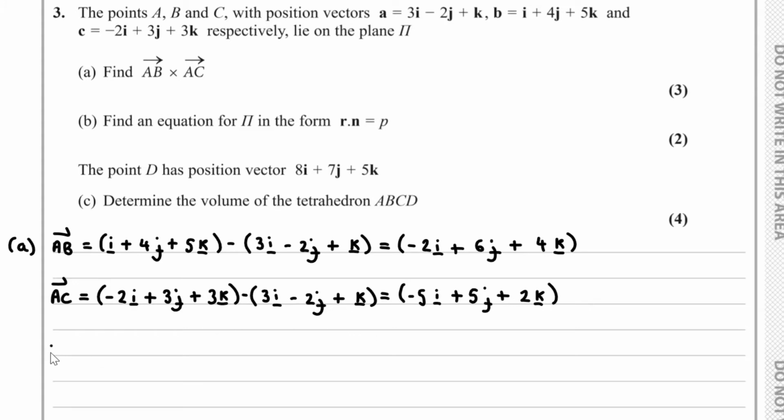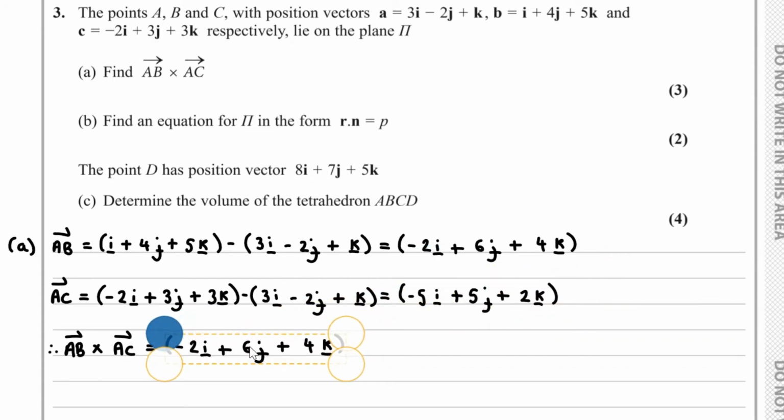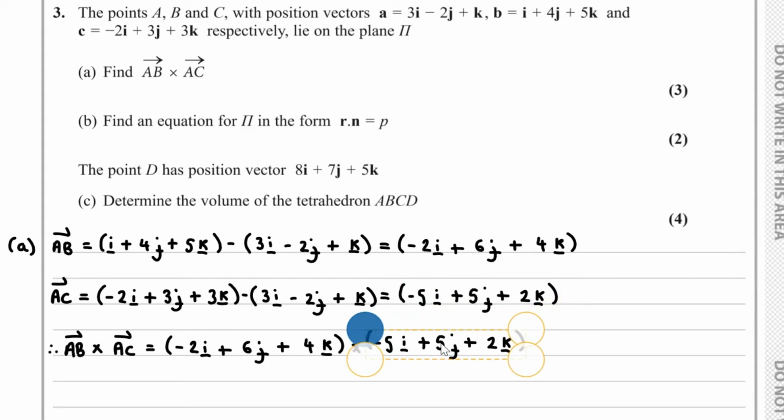And therefore, if we find out what AB cross AC is, well, here we'd have to cross this vector here with this vector here. And if we do that, what we can do is simply use our calculator.